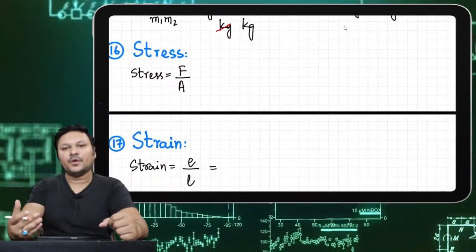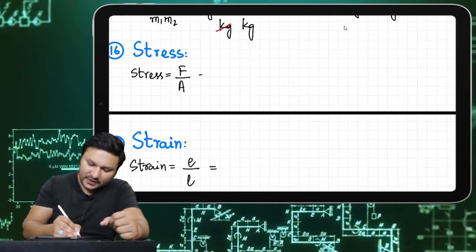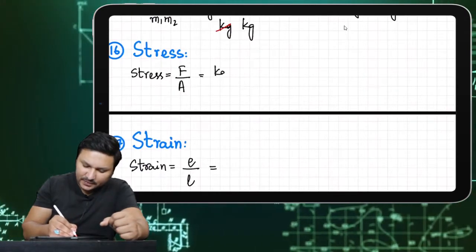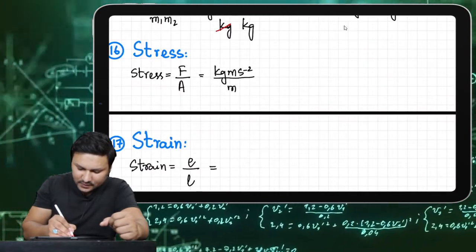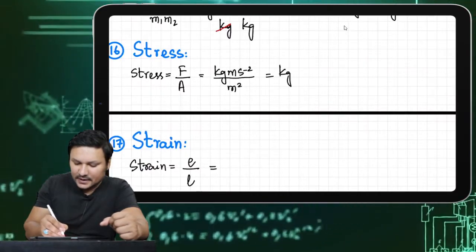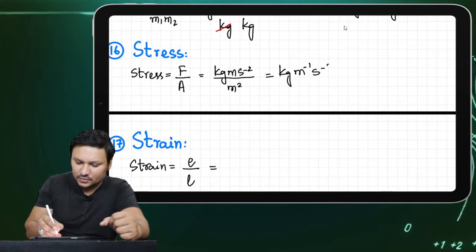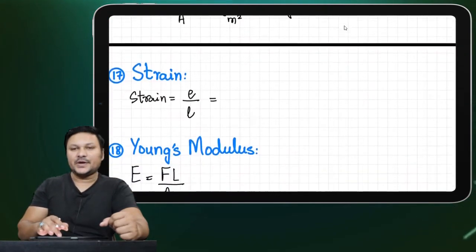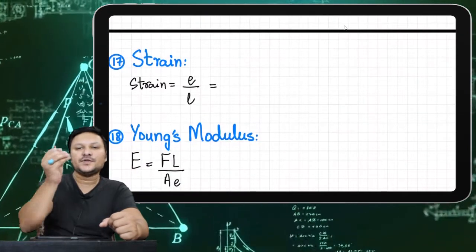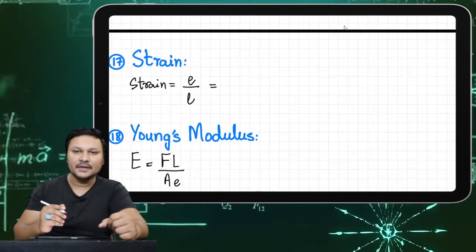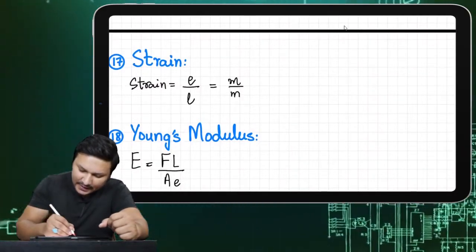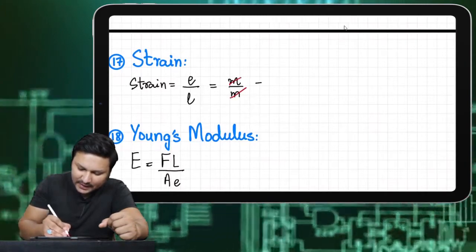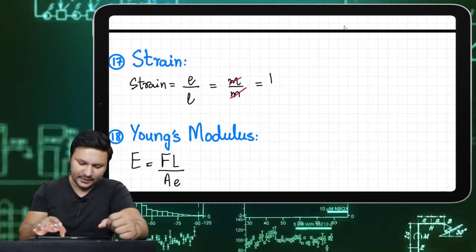Stress is another name of deforming pressure. So whichever base unit pressure has, it will be the same as stress. And that is kg m minus 1 s minus 2. Strain is the ratio of change in length over original length, that means extension over length. Both are measured in meter, and hence you will not have any base unit.